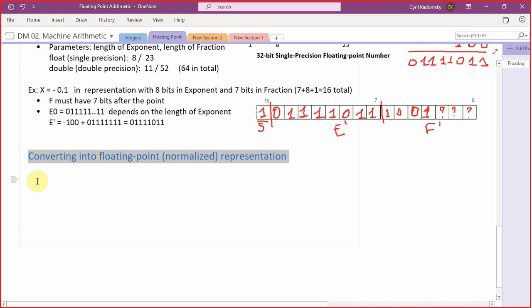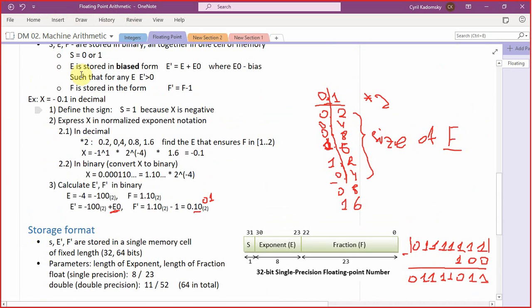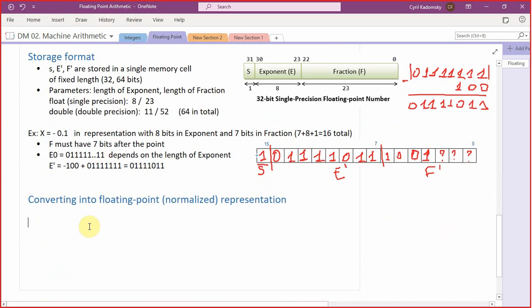Actually, all the steps of this algorithm are done above, but for you to have it in complete form, let's do it. So first we start from the value x.